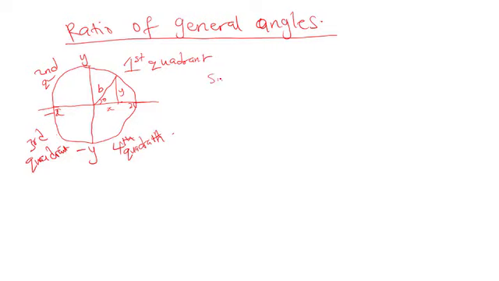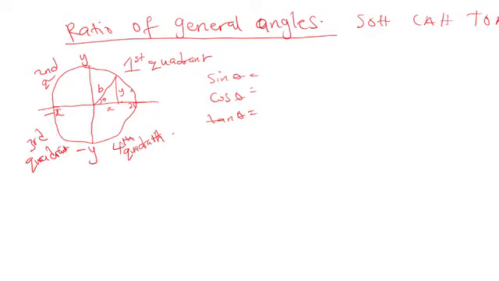We are looking for sine theta, cos theta, and tan theta. So in this point, the value of sine theta is opposite over hypotenuse.